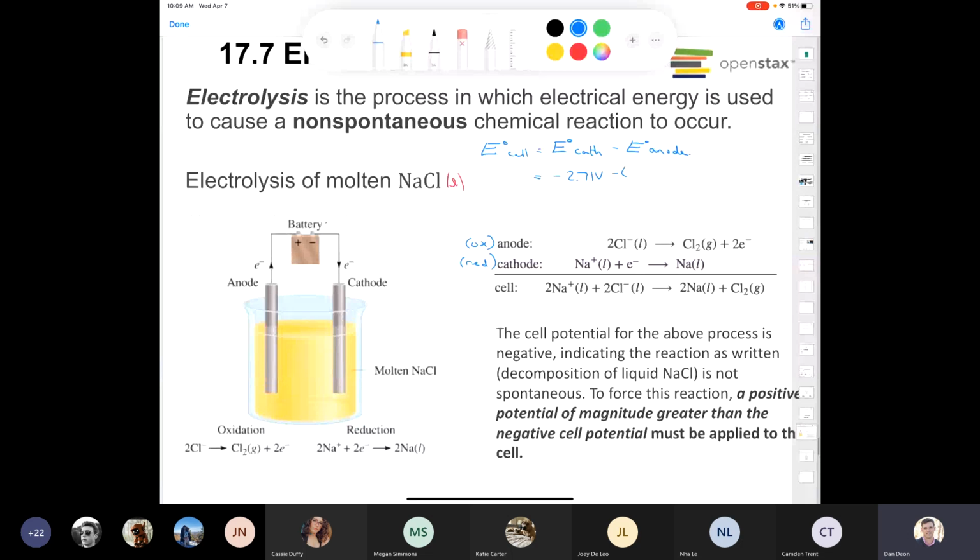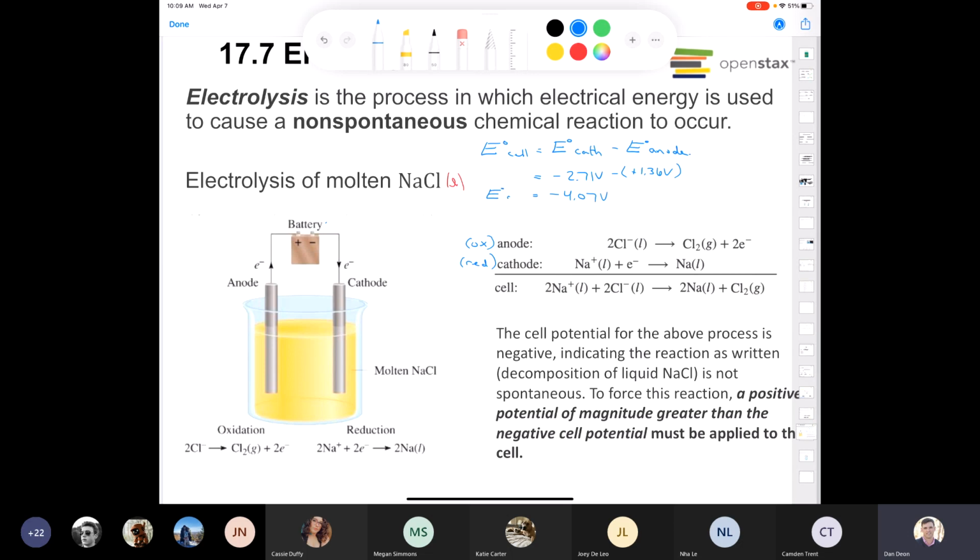And then we're going to subtract for our anode positive 1.36 volts. And we're going to end up with a standard cell potential for this cell of negative 4.07 volts.